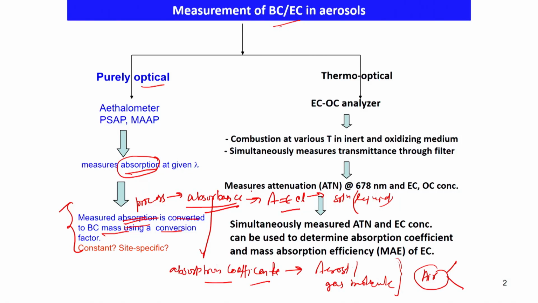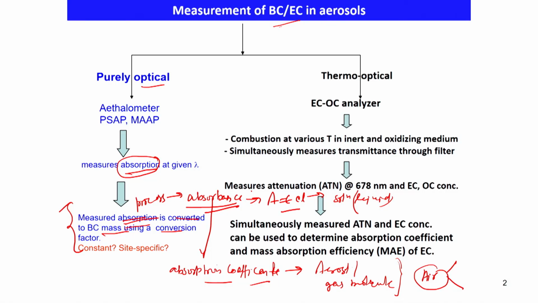Optical properties are related to the interaction of light with the particles or gas. Either a gas molecule or a particle interacts with the incident solar radiation. They either absorb the radiation or scatter it, and then part of it is transmitted. So this process is there.